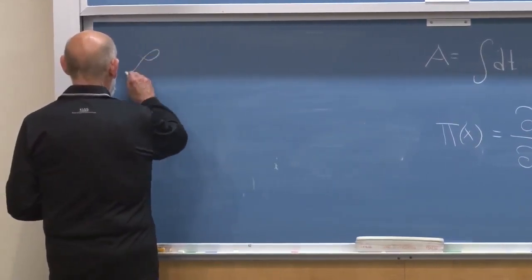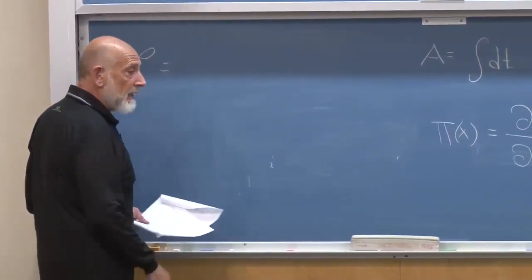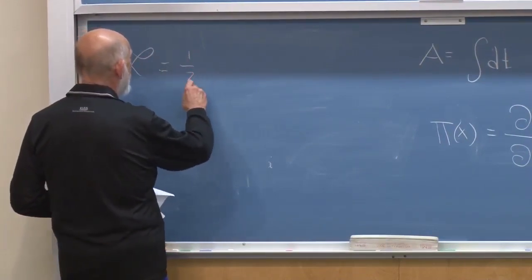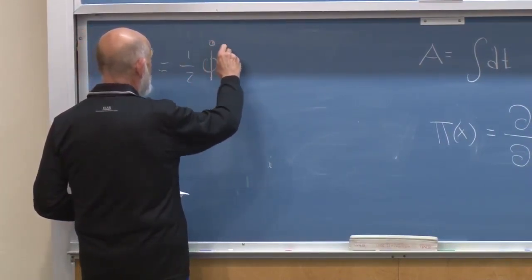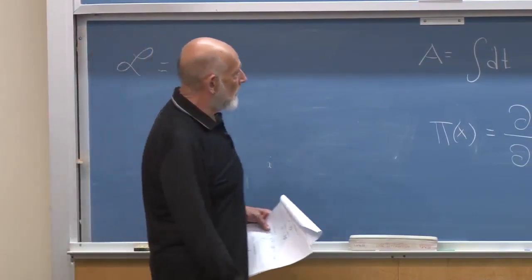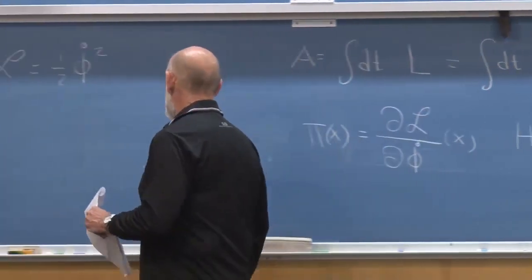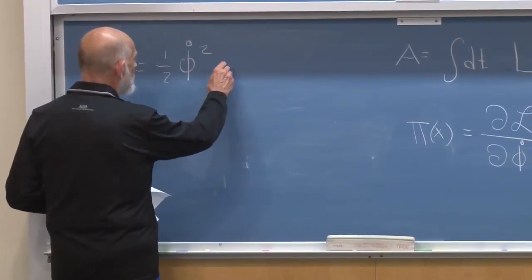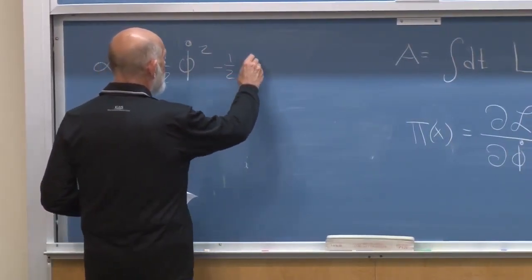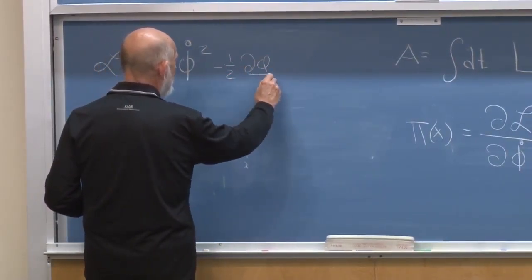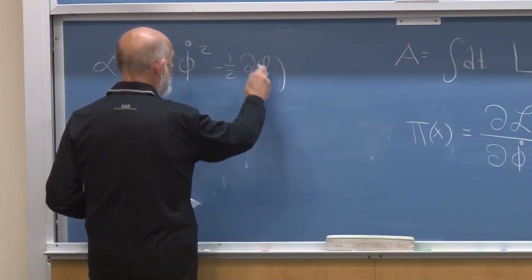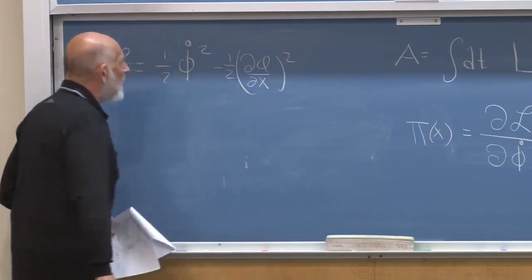All right, Lagrangian density. It has a kinetic energy term, 1/2 phi dot squared. Remember, the Lagrangian contains phi and phi dot. Let's put in minus 1/2 partial of phi with respect to x squared.